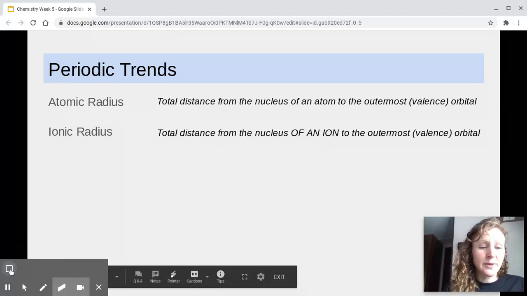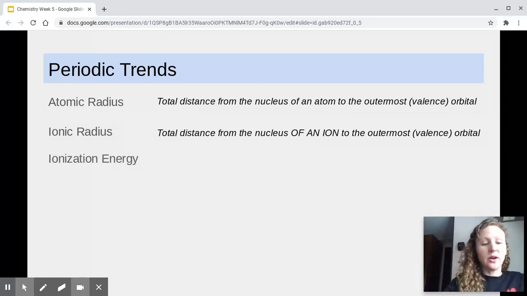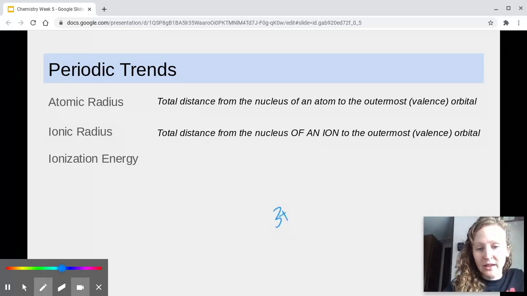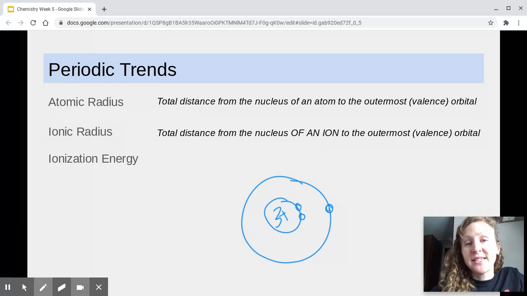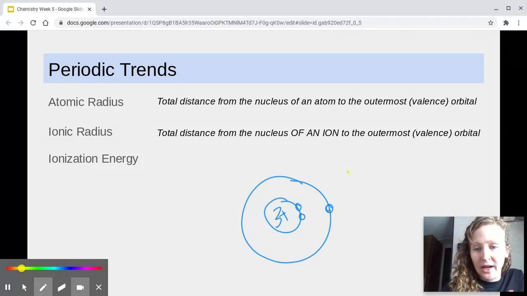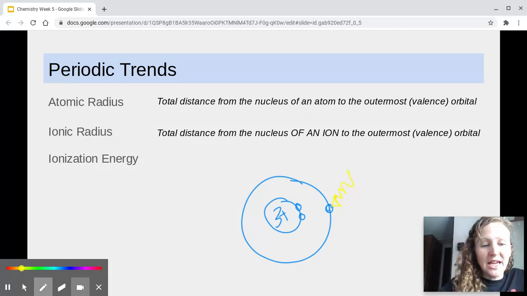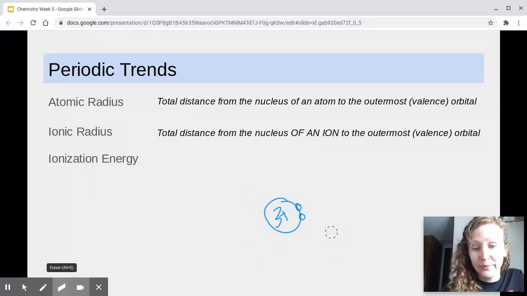All right, the next periodic trend that we want to define is ionization energy. If we go back to our model of lithium that has 3 protons in the middle and 1 electron on the outside, ionization energy would be how much energy it would take if we were going to grab onto this electron or zap this electron and get it to completely remove off of that atom.